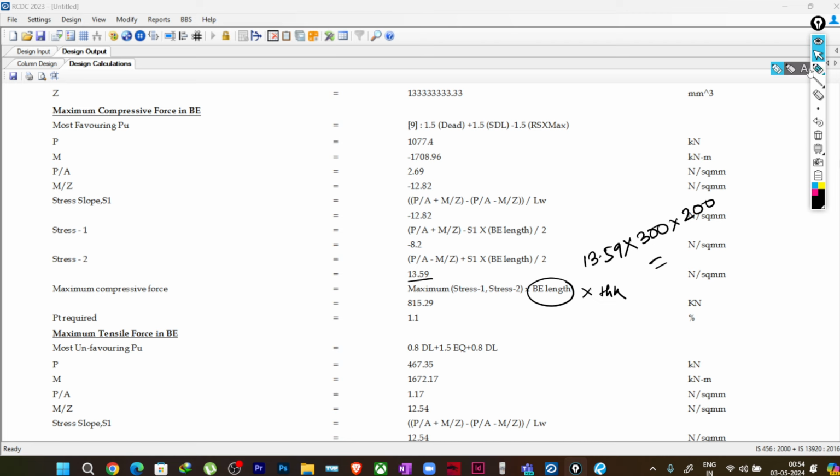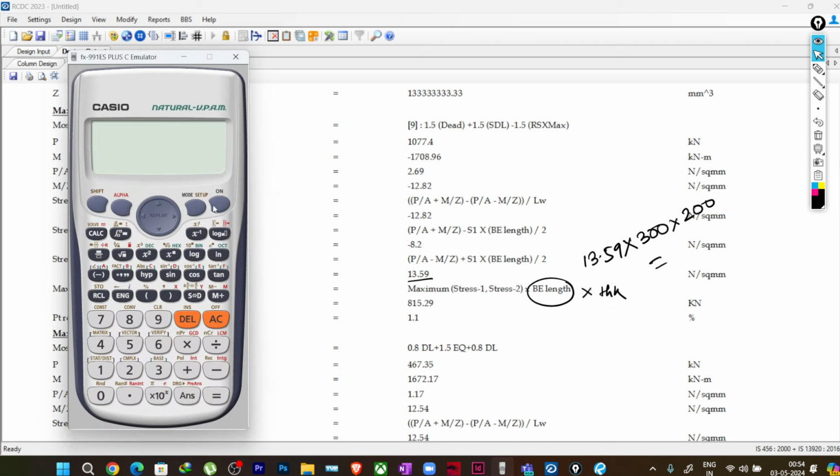If you calculate 13.59 multiplied by 300 multiplied by 200, you get a value of 815,400 Newton. If you divide it by 1000, you will get 815.4 kilonewton.